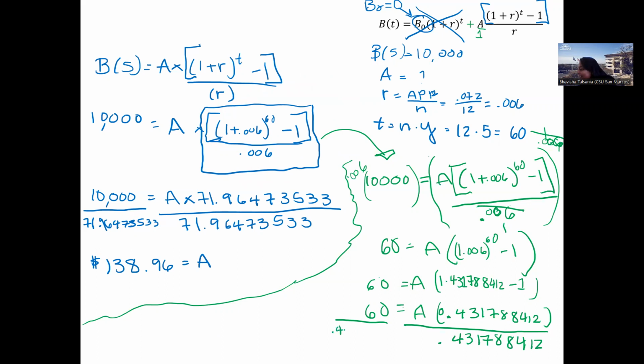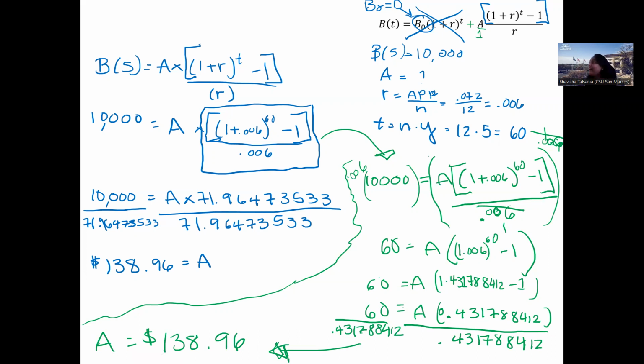So go ahead and take a second and do 60 divided by 0.0317884112. And you should get, I'm going to move it over here because I'm running out of space. You should get A is equal to $138.96.